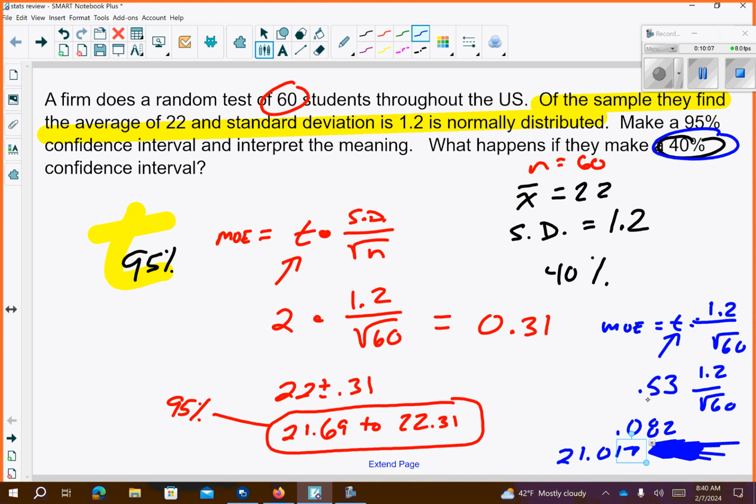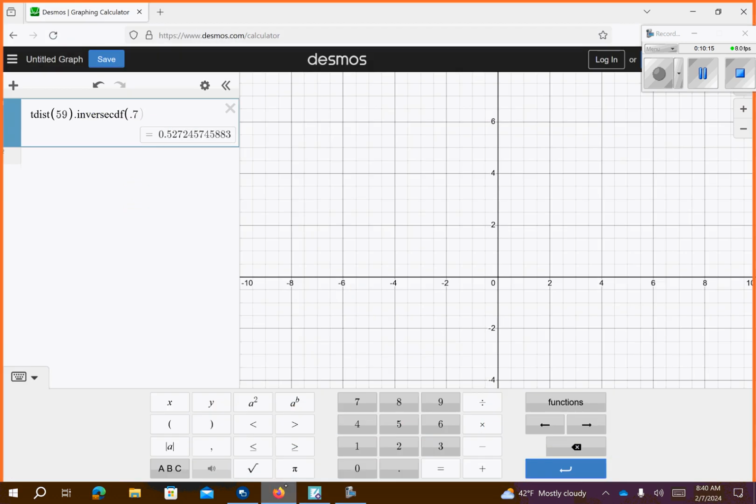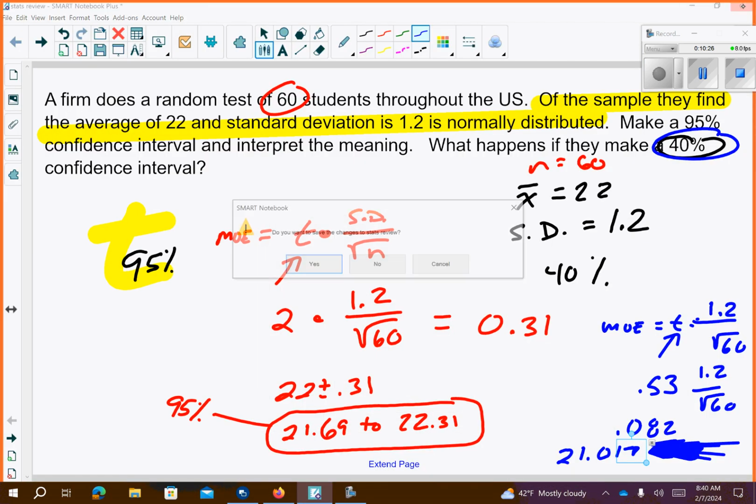Oh, that's when we do the t-distribution here. Okay, so in the t-distribution, one less than our sample size is the degrees of freedom. Okay. All right. Now you have to reset this, reopen it.